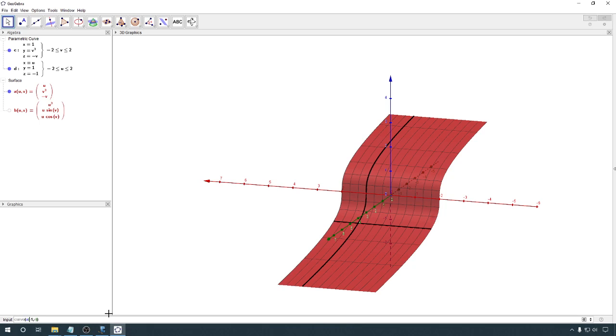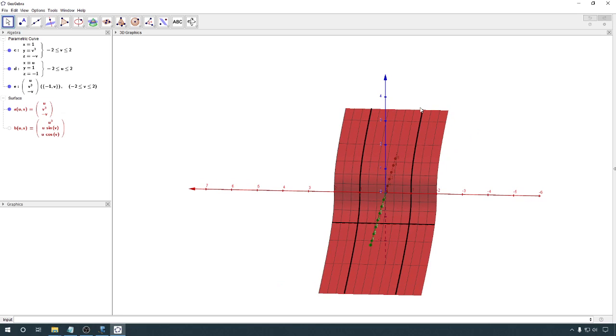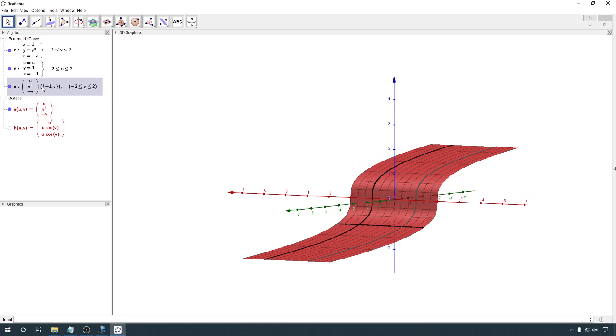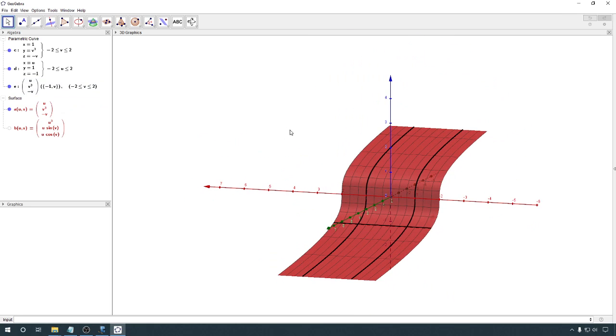So we'll put in -1, v. We still have to tell it what the variable is. It's going to be v, and we still have to give it the limits. And of course, they are still going to make it thicker. There we go. So this is the particular grid curve where the actual u value is -1. It even shows you the full function, and then it shows you what's being plugged into that function. So there are some neat things that you can do with GeoGebra when it comes to parameterized surfaces.